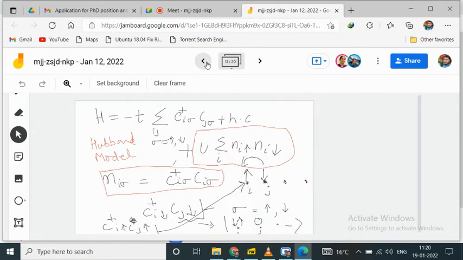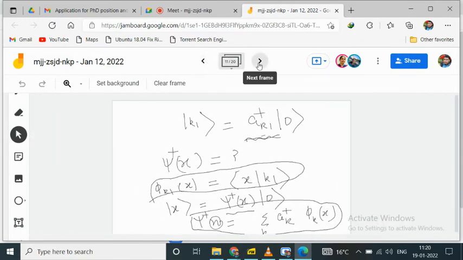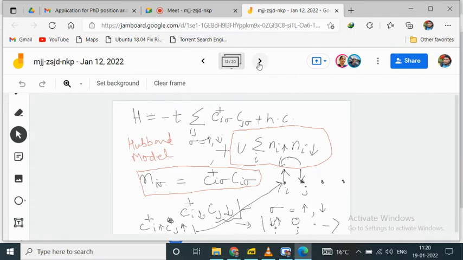It is the spin index, the spin of the electron. It can be up or down. And i and j are, well, simply site indices, right?